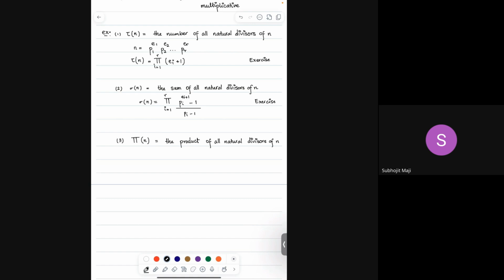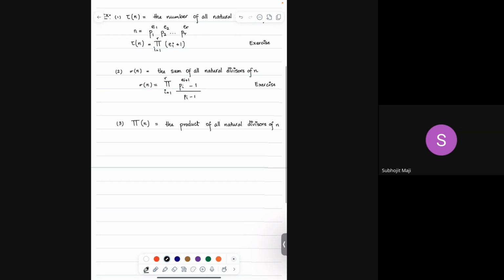So again, what would it be for something like the prime p? Well, the product of all natural divisors is just 1 times p. Or if you have p squared, then it will be 1 times p times p squared, so it's p cubed. And again, this also has a formula in terms of something that we have seen before.